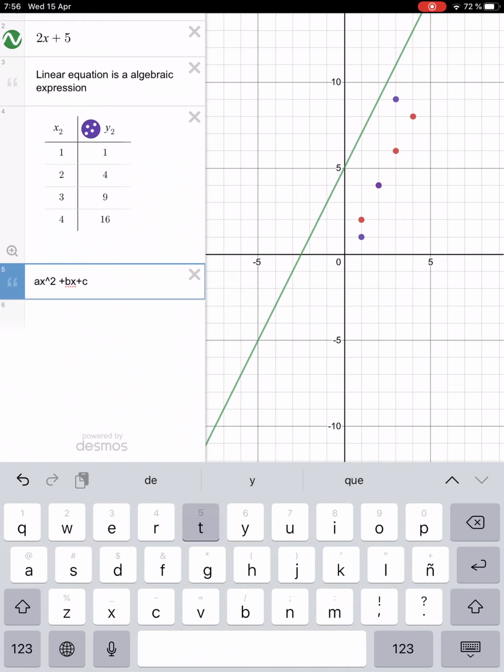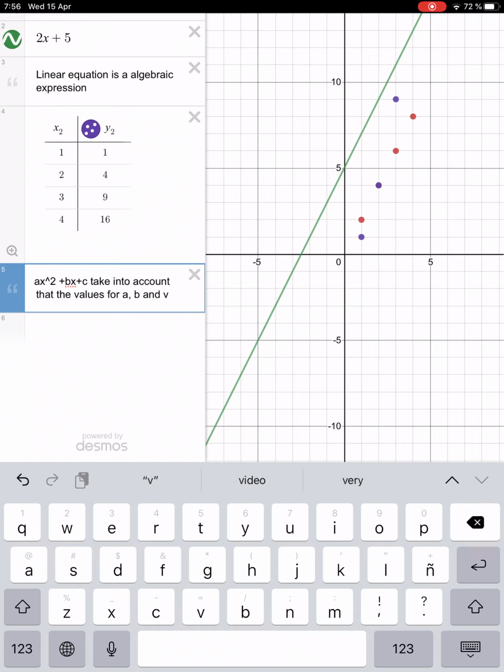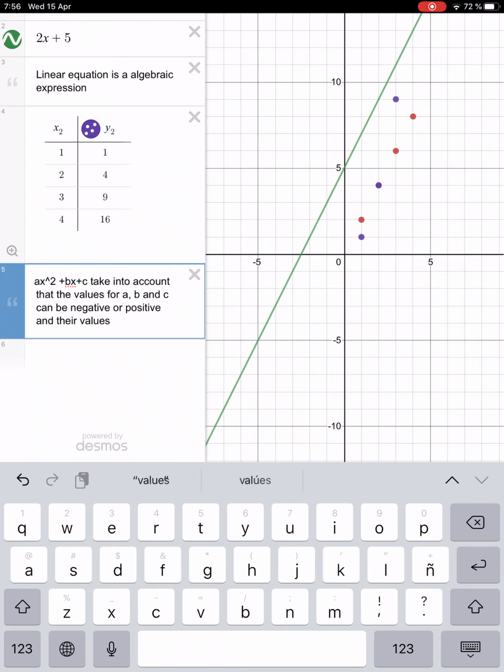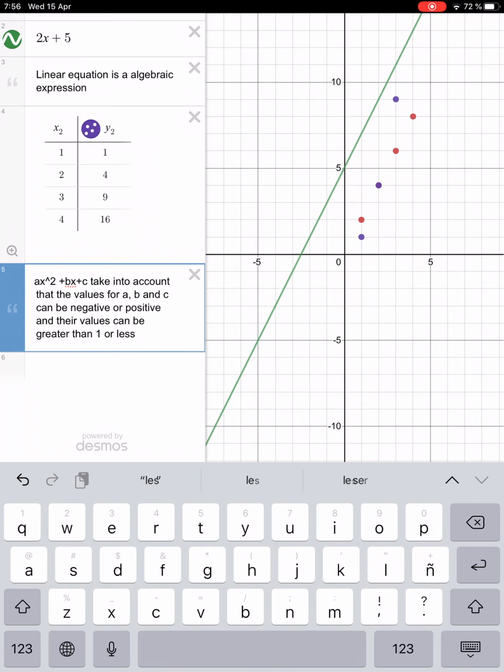Just take into account that the values for a, b, and c can be negative or positive, and the coefficients and their values can be greater than 1 or less than 1. In that case, less than 1 means fractions.